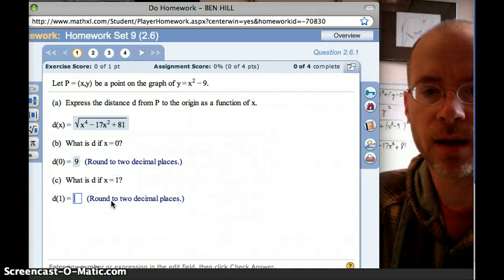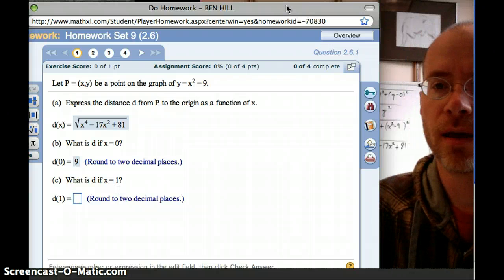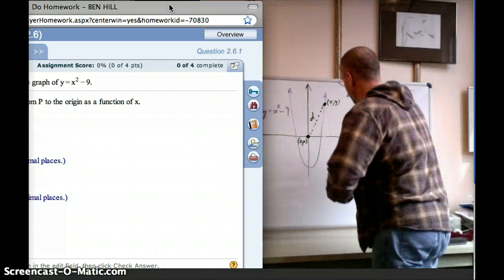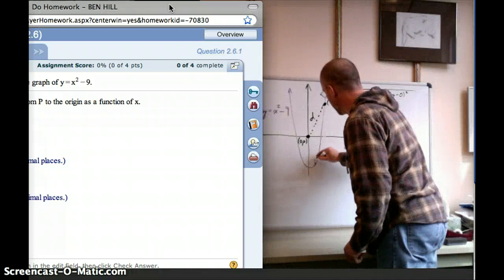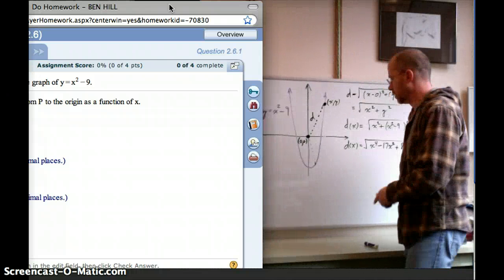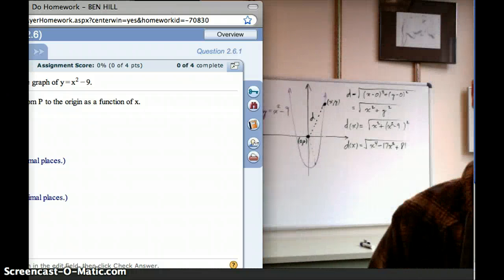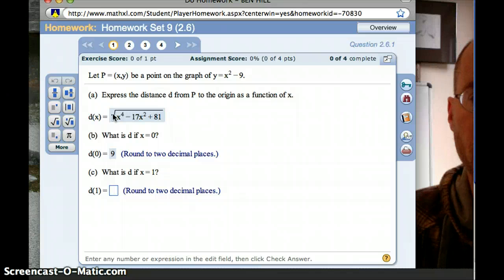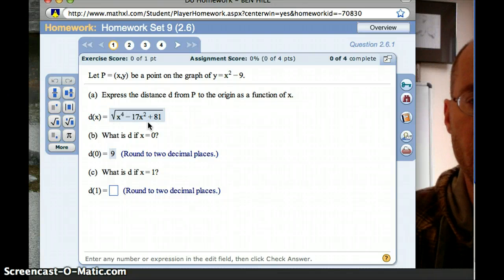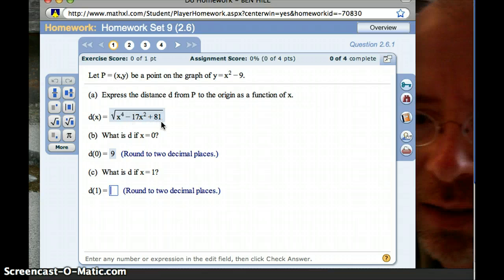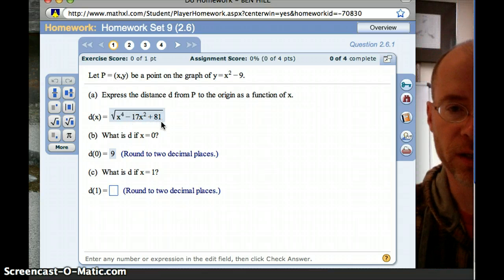What if x is equal to 1? So what would the distance be if instead I let x be equal to 1, and I had to get this distance to the origin? It looks like it might be actually a little bit less than 9, just a wild guess. But of course I plug in 1 right in here and get 1 minus 17 plus 81, which I believe is 65.